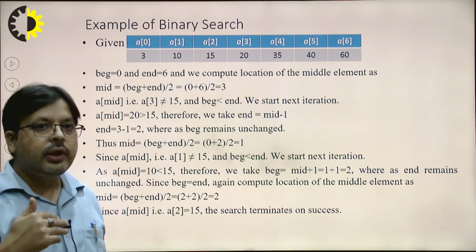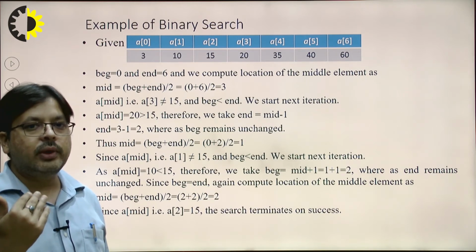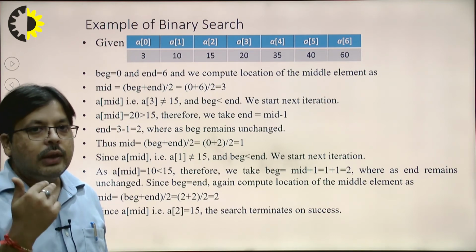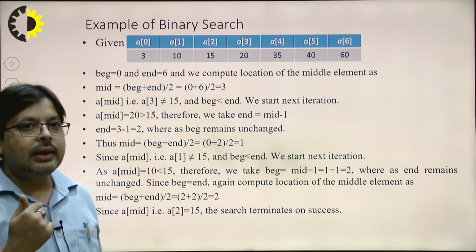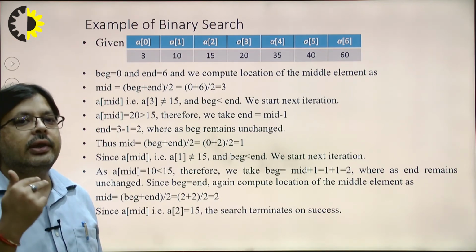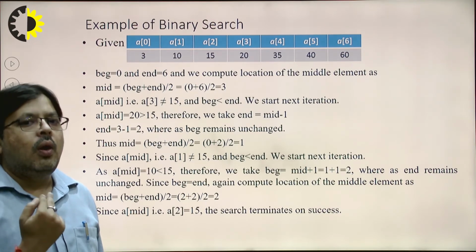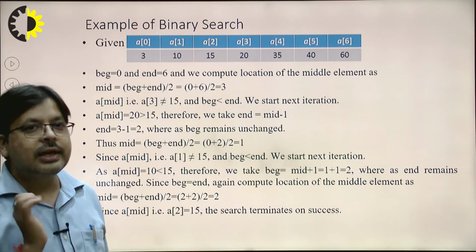Then again we calculate the mid of the array: 0 plus 2 divided by 2, that is 1, right? From the mid, we find that our desired key element is greater than 10, the mid element. So obviously we have to pick the right side of the array.